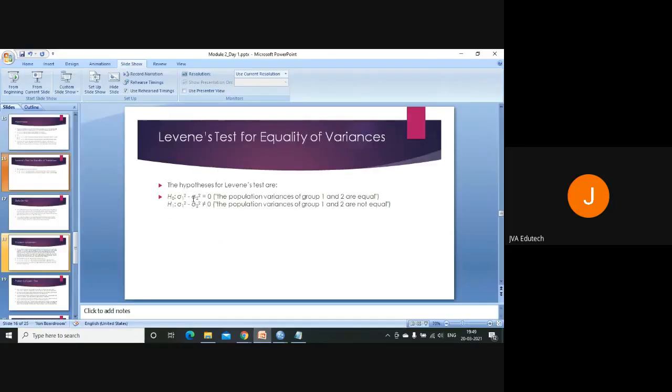So what will happen? Will the null hypothesis be accepted or rejected? The null hypothesis is rejected. The null hypothesis that the population variances of group 1 and group 2 are equal is rejected. Now we will accept the alternate, that the population variances of group 1 and group 2 are not equal, which means there is no homogeneity of variance, right?